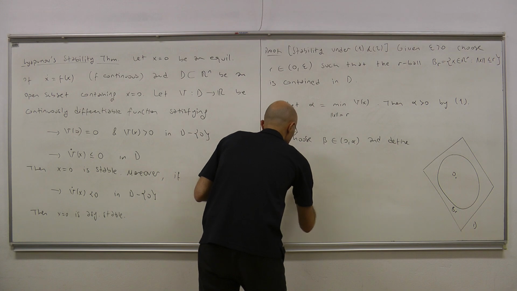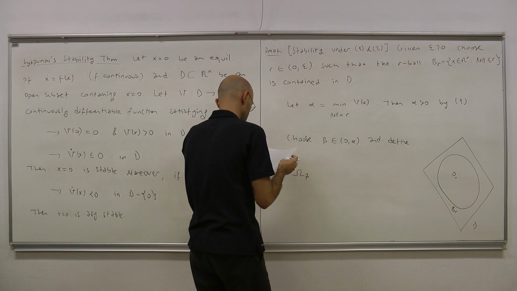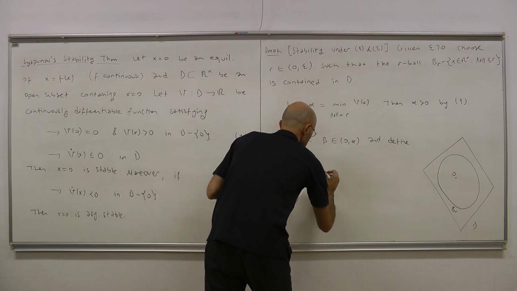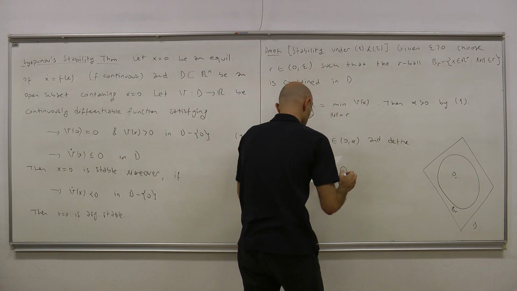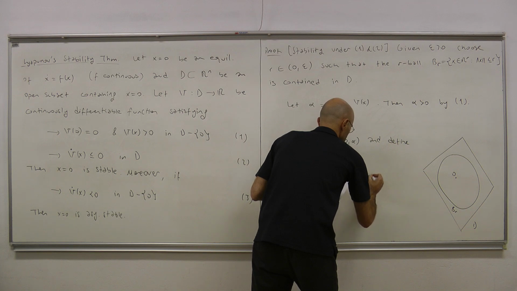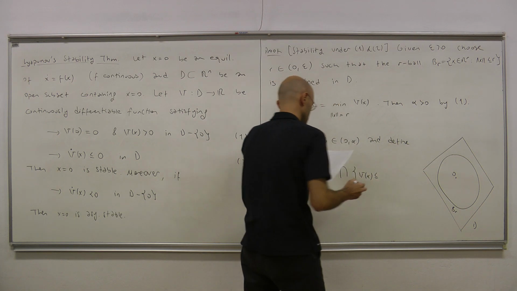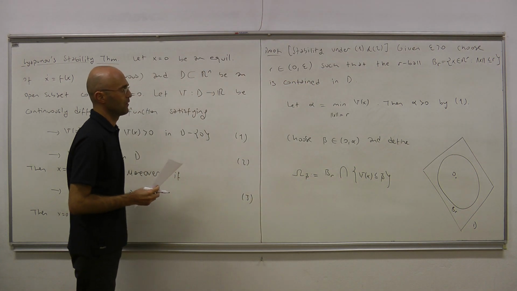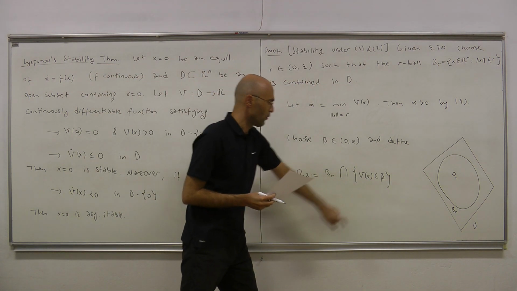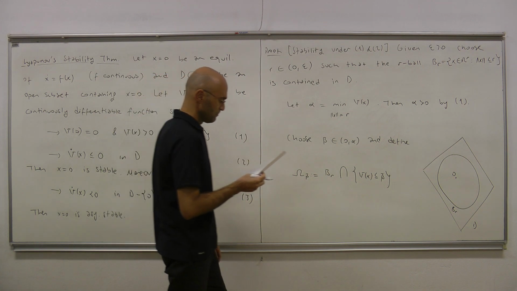Define omega sub beta as the intersection of the R ball and the set of points where V of x is less than or equal to beta.